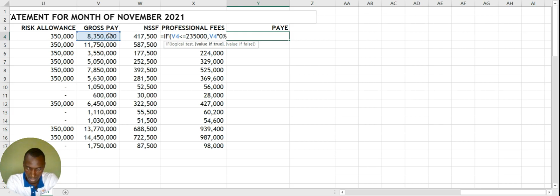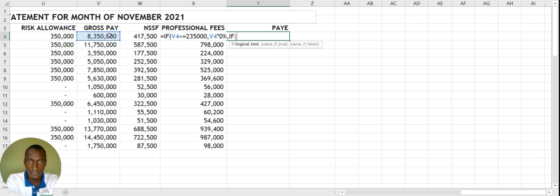That is the first condition: for all the employees with a gross pay not exceeding 235,000, that is gross pay being less than or equal to 235,000, you don't pay any tax, so the tax rate is 0.